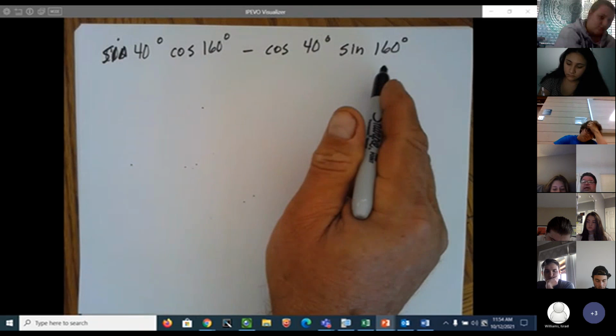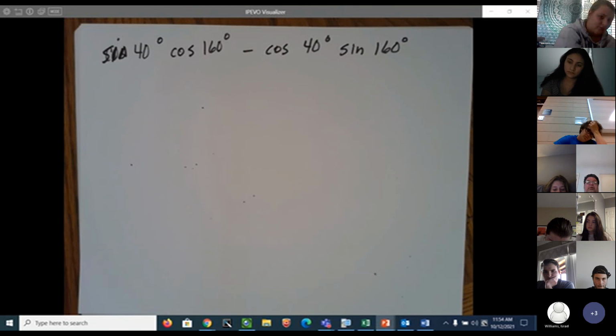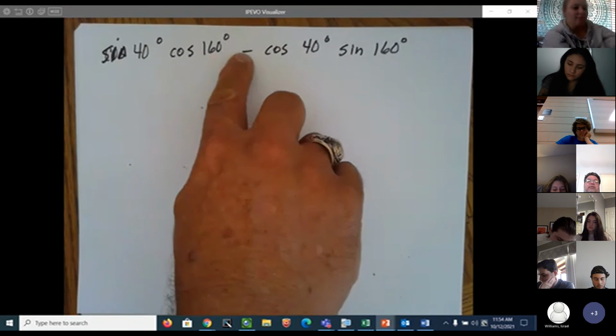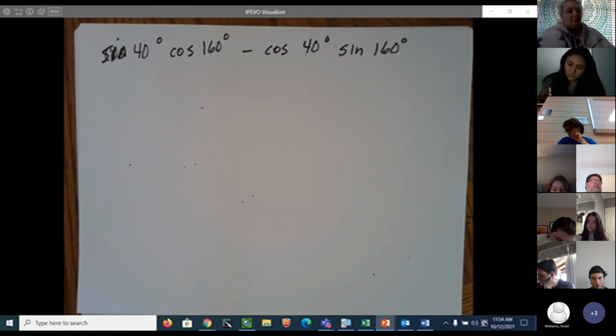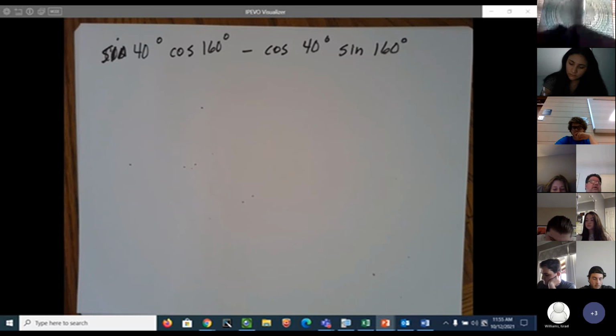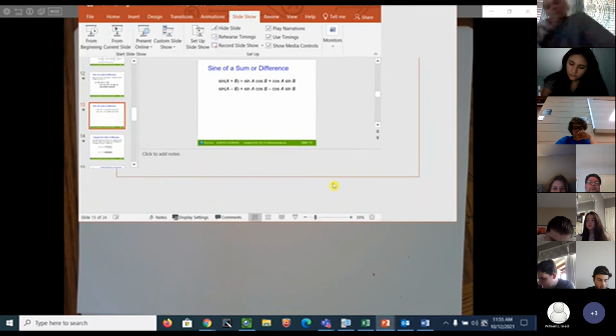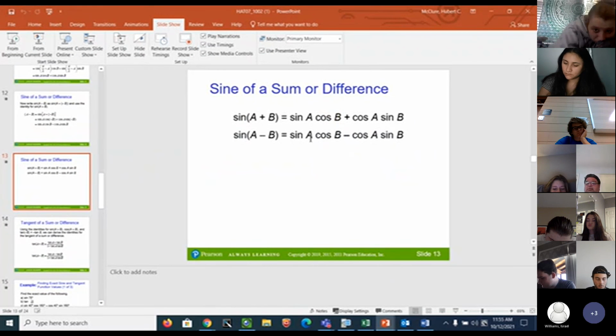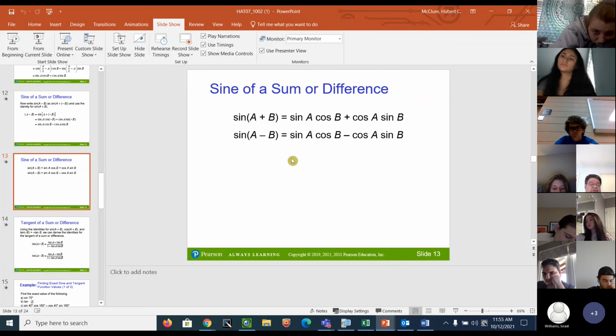Sine, cosine, cosine, sine. Now I want to back up, and I want you to tell me what sine, cosine, cosine, sine with a minus. Let's go back. Sine, cosine, minus cosine, sine. Here it is right here. Sine 40, cosine 160, minus cosine 40, sine 160. So A is what? 40.